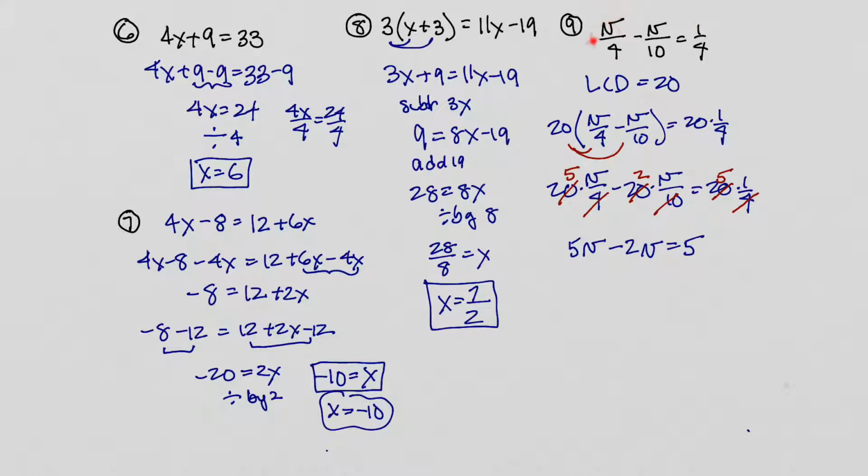We have taken this original equation up here with fractions and reduced it to one that looks a little bit simpler, no fractions. Let's just finish this up. 5v minus 2v is 3v equals 5, and now we're going to divide by 3, giving us v equals 5/3.